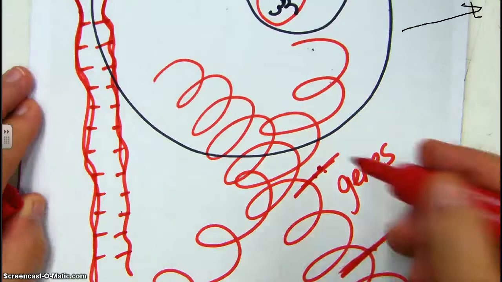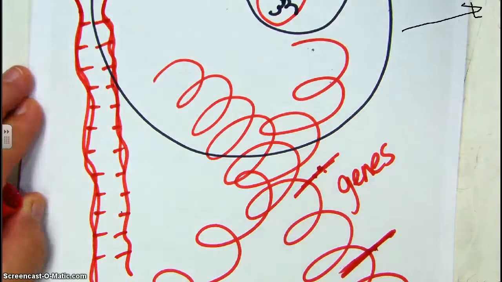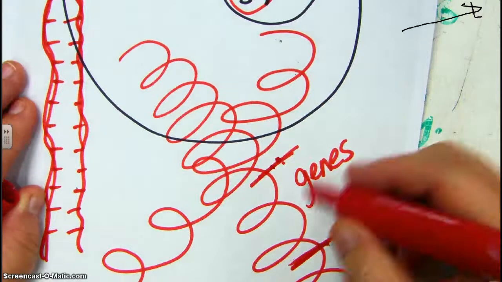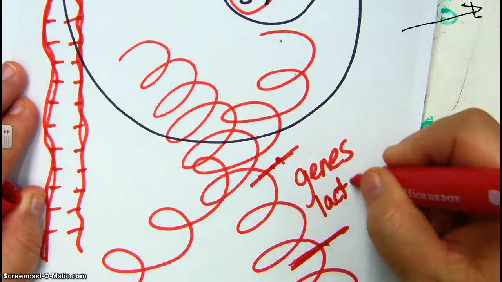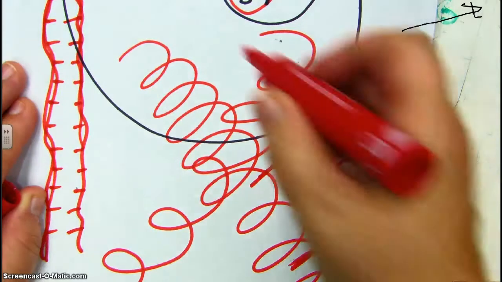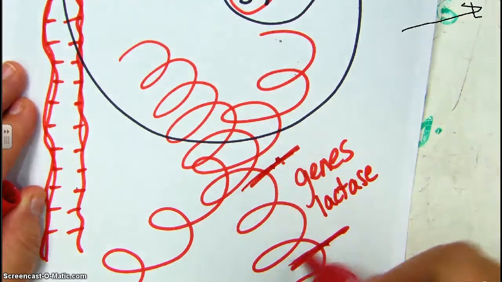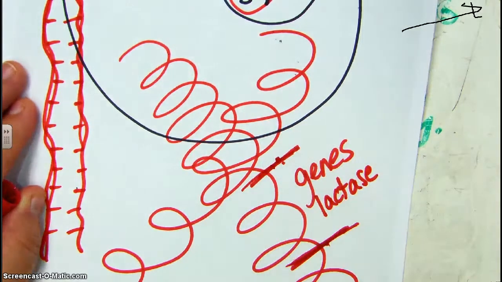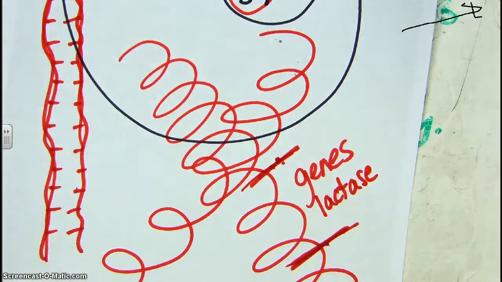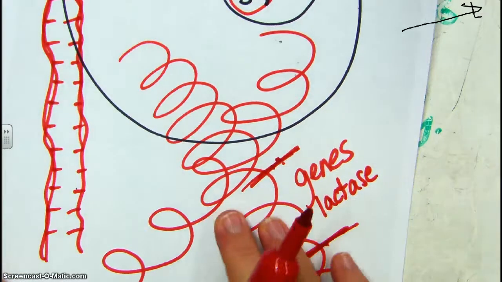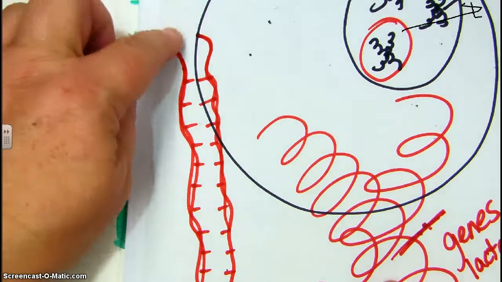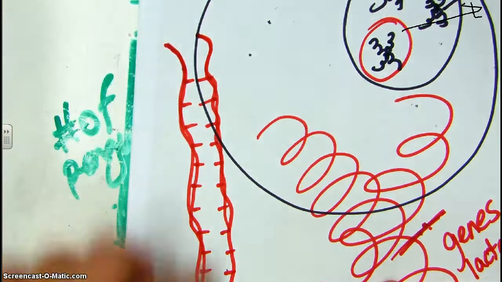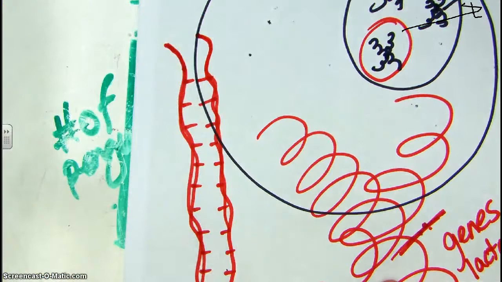So let's say this gene codes for a specific protein, let's say lactase. So in your DNA, you have a gene that has a message to tell your body to make lactase. And if I take that gene and stretch it out, I am going to see that it has one strand and a complementary strand.